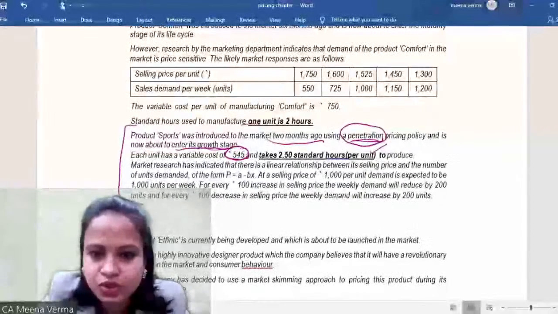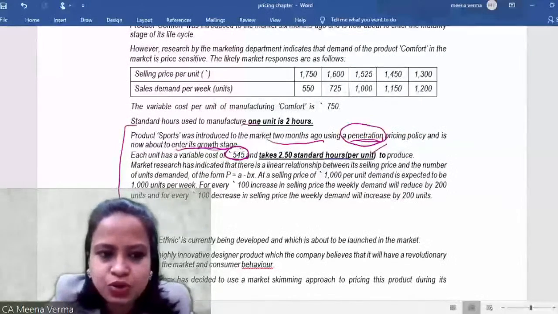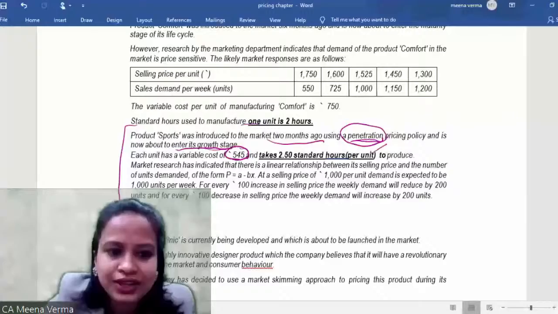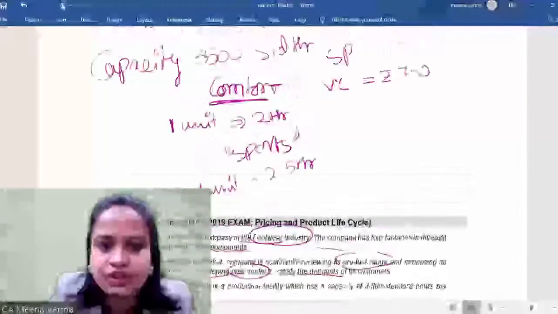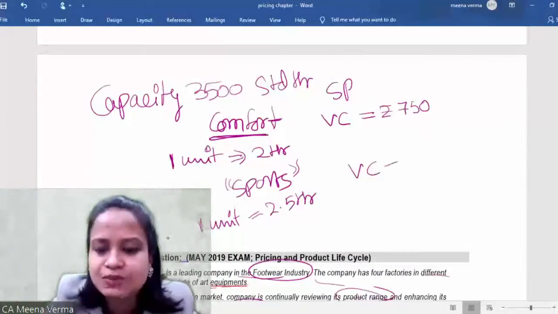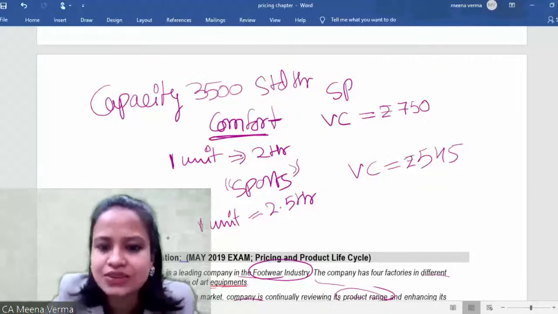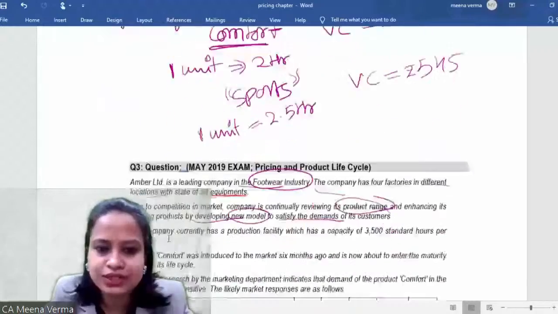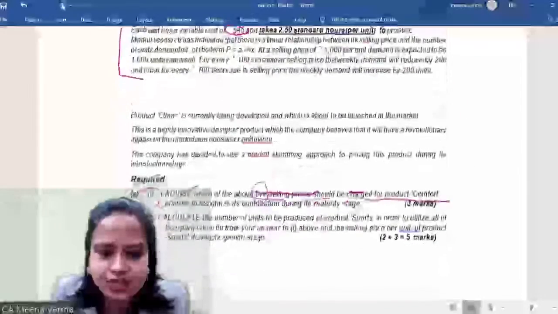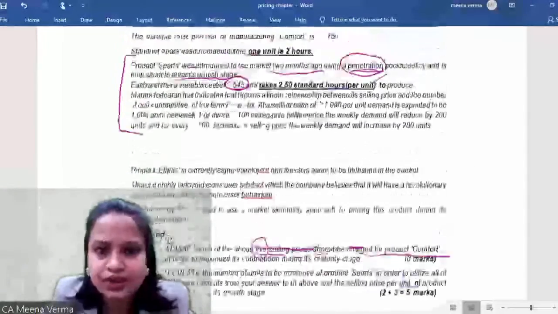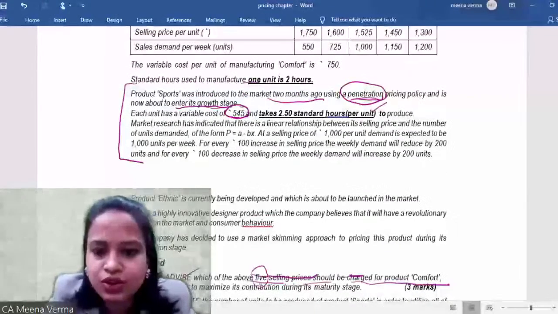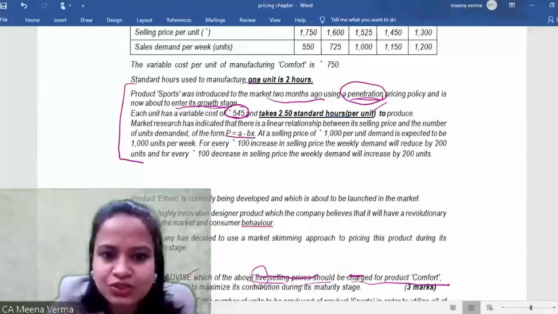2.5 hours per unit to produce this component, and the variable cost is given here. The variable cost at this place is 545 rupees. This is the information which we have related to this product. Also, you have some information related to the price and quantity relationship we have studied.